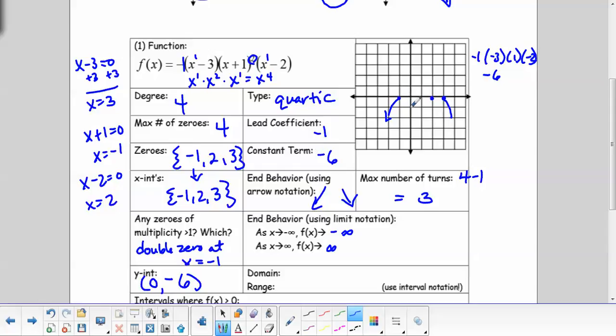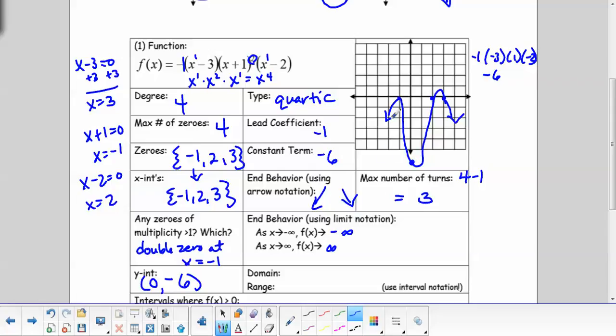We need to go through -6. 1, 2, 3, 4, 5, 6. So we have a y-intercept of -6 we have to go through. So when we bounce, we're going to come all the way down here and go through this point, and then put your arrow here. So this is your y-intercept at -6.